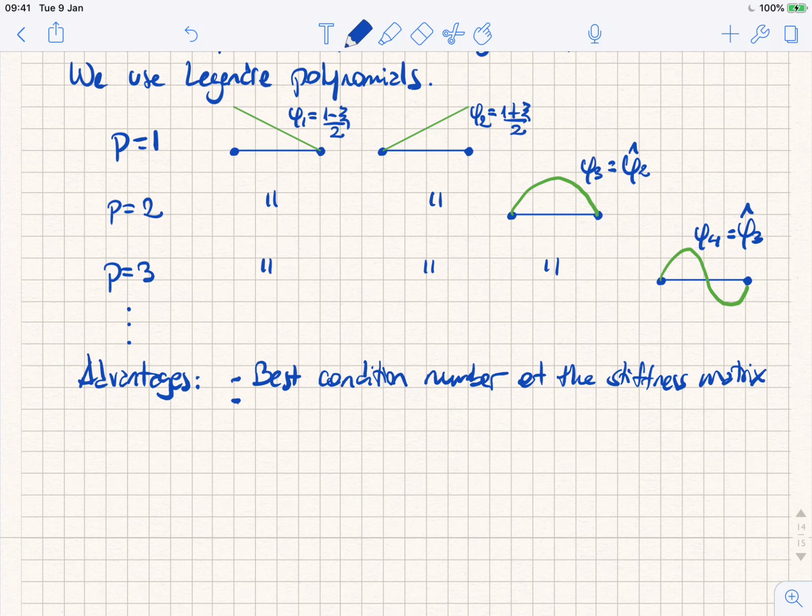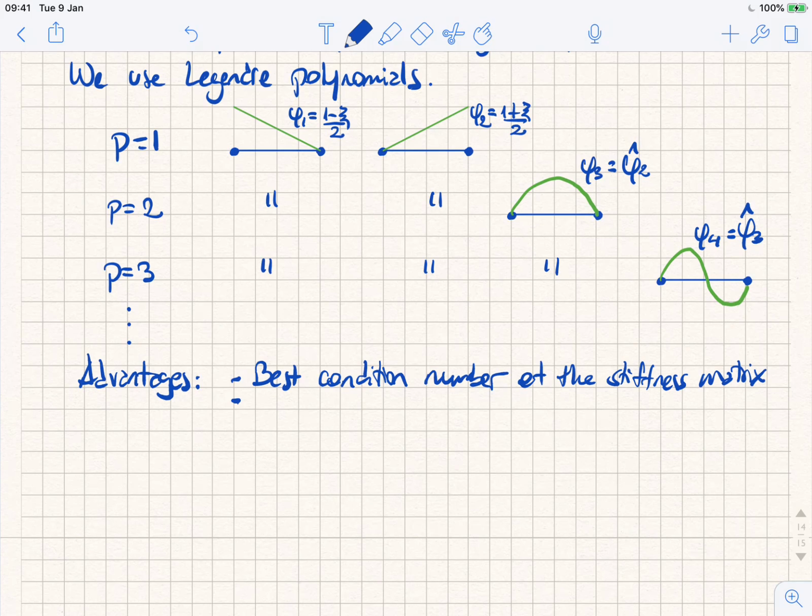Okay? So, in other words, the degrees of freedom that are associated to high order shape functions are not going to physically represent the displacement at that location. Okay? Everybody understood this? Yeah? It's very important, but we will look at this again. So if you didn't get it, then we're going to talk about it again.